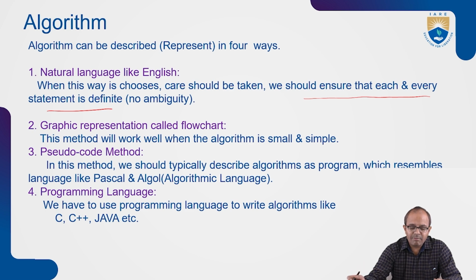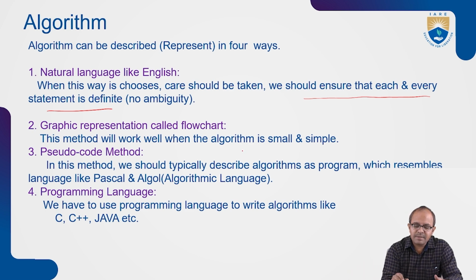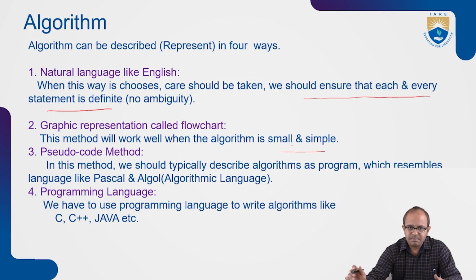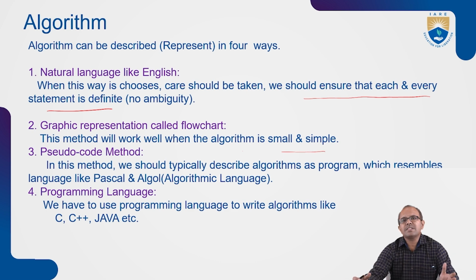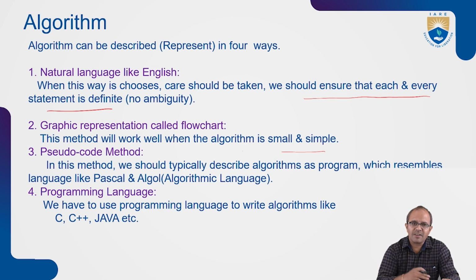The method will work well when the algorithm is small and simple. If the algorithm is very small, then we can go with pictorial representation, which we call a flowchart. Have different types of blocks of different shapes, have a connected flow, and show how it is moving from one block to another block.